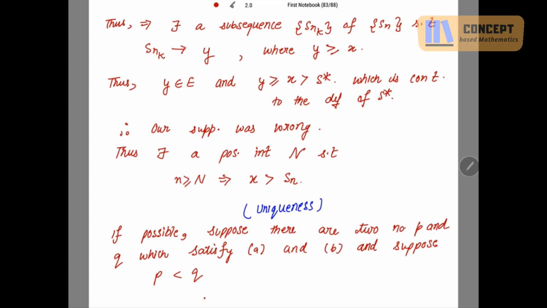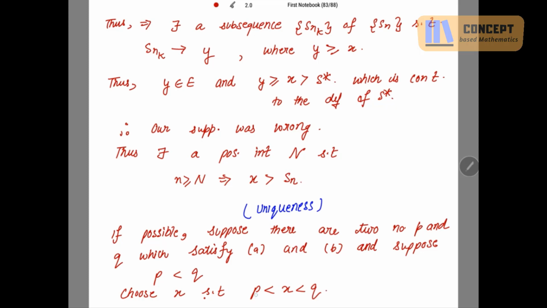And we also choose X. We must choose our X such that X is lying between these two numbers. Right?